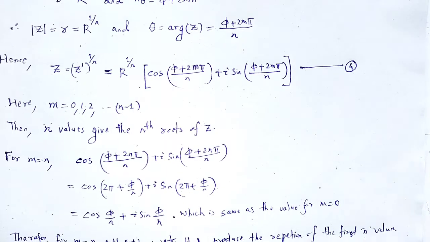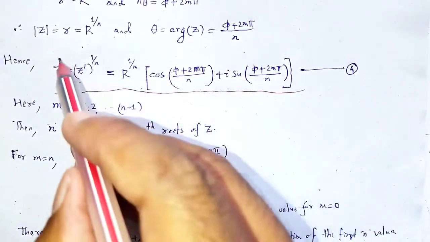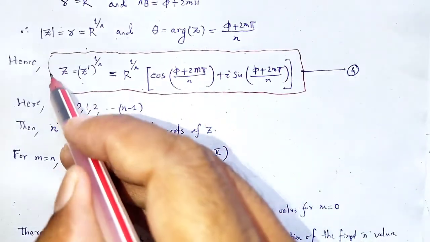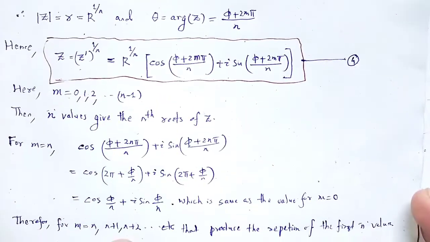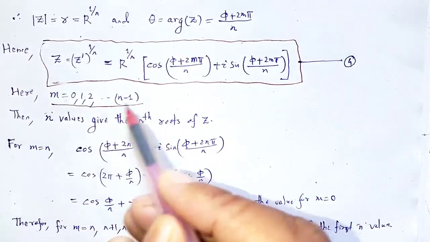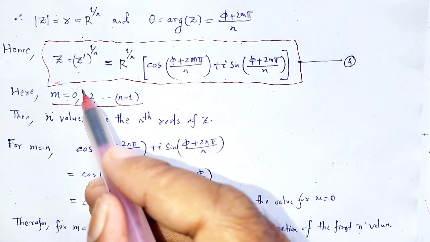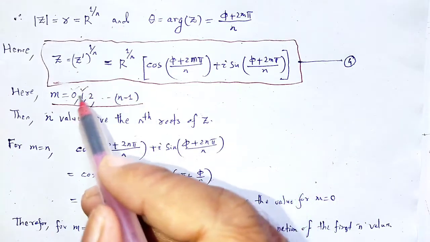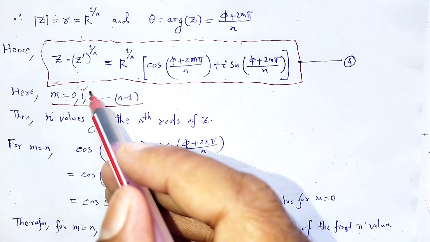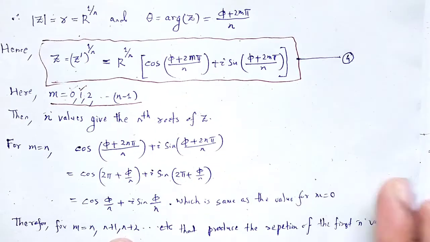Now using that formula, we can easily evaluate the roots of a complex number by putting the corresponding terms. As m equal to 0, we have the first root, as m equal to 1, the second root, and so on. If the question asks to find the 3 roots, then it starts from 0, 1, 2 like this.